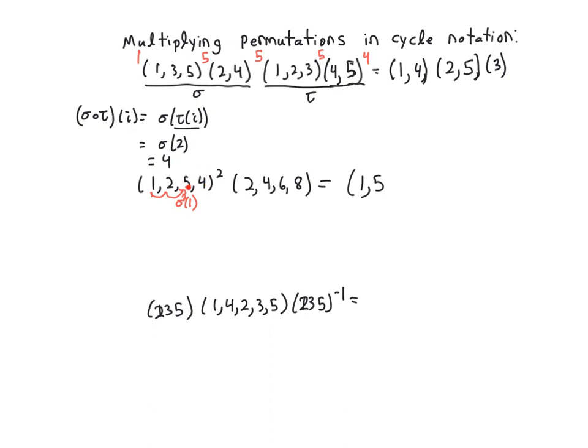So skip counting from 5, you go 1, 2, 5 goes back to 1. And you get this 2 cycle. Similarly, starting from 2 and skip counting, 1, 2, 2 goes to 4. Skip counting from the 4, 4 goes to 1 goes to 2, 4 goes to 2.